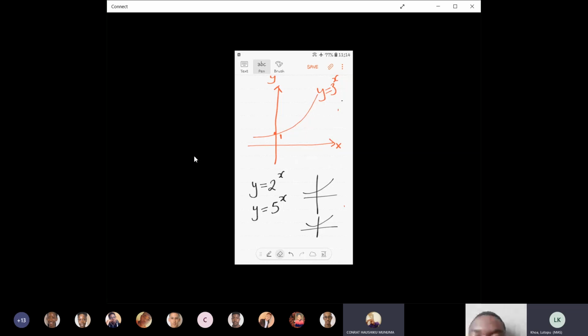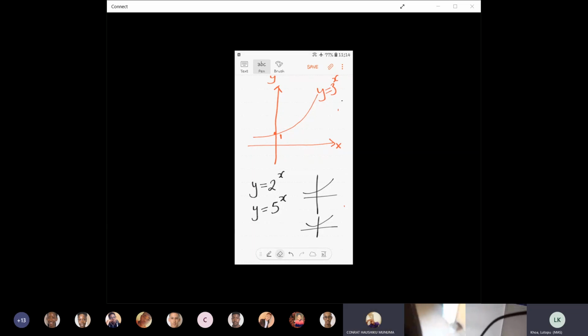If we have y equals 2 to the power of minus x, the graph will be the same as y is equal to half to the power of x.